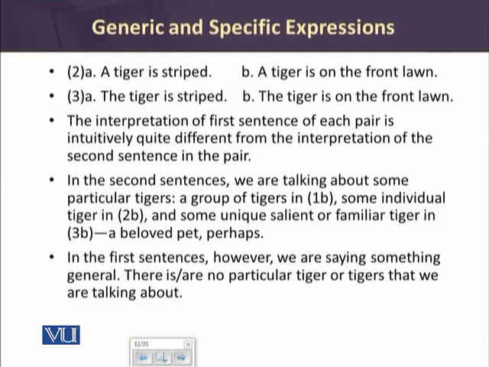So in all 1b, 2b and 3b, we can see that we have some specific expressions, and they talk about specific individuals, entities, instead of about a group or a kind. In the first sentences, however, we are saying something general. There is no particular tiger or tigers that we are talking about.